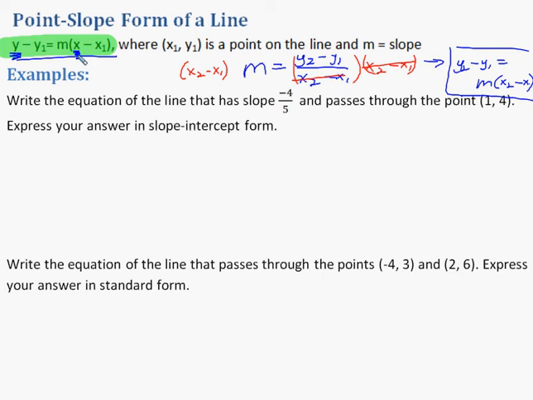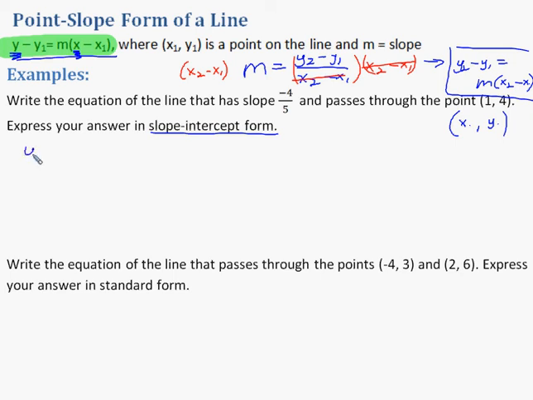So we're going to use point-slope form to start these next examples, but then we're going to put it in slope-intercept form. So write the equation of a line that has a slope of -4/5 and passes through the point (1, 4). So this (1, 4) is really our x sub 1, y sub 1.